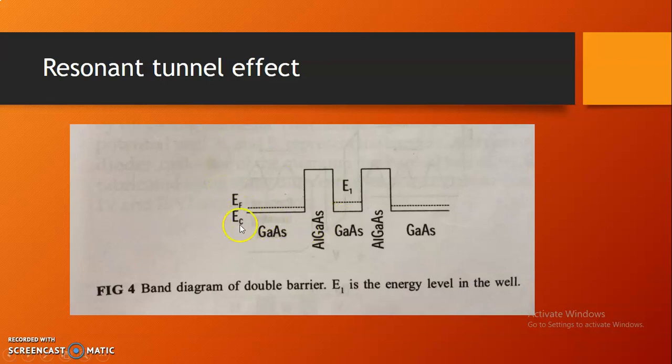Then we have EC, which is the conduction band energy level. The tunneling current increases with applied voltage at the beginning. The current becomes maximum when the applied voltage matches the quantized energy E1 of the well, or we can say that the current becomes maximum when the energy of the carrier matches the discrete energy E1 of the well. We'll see that.